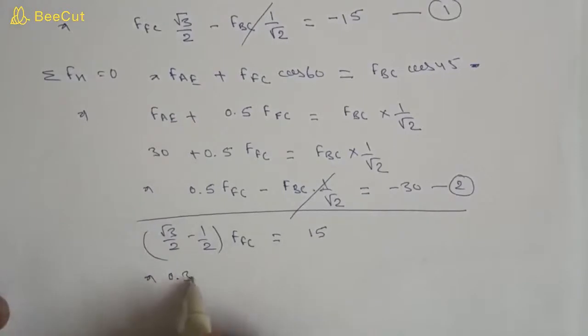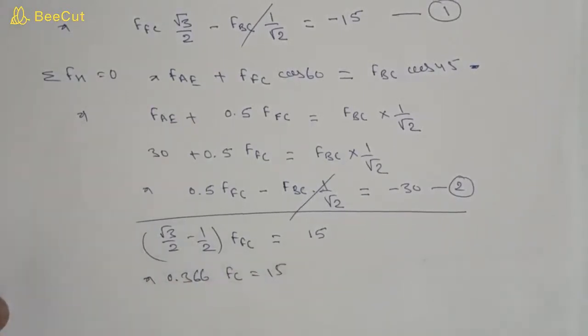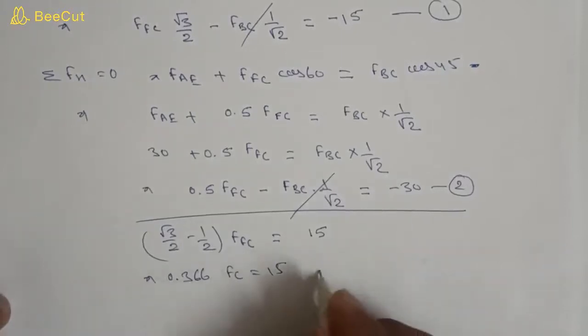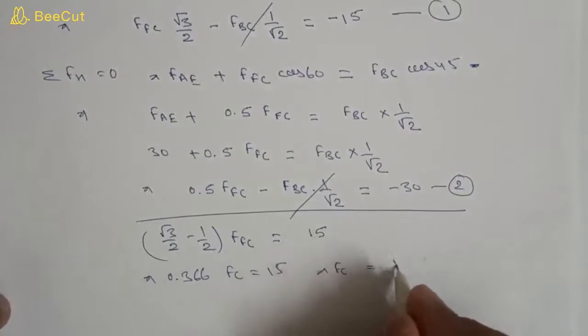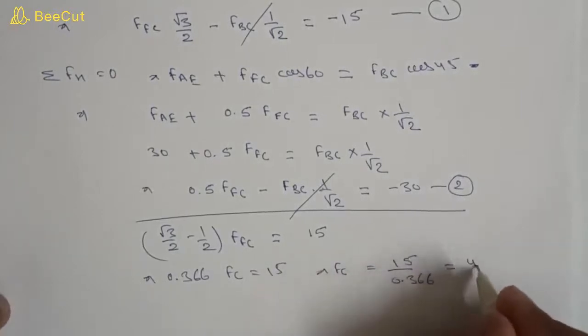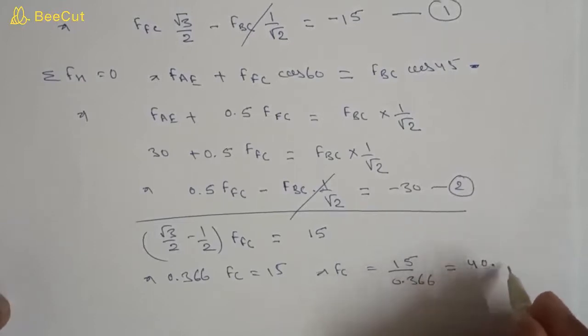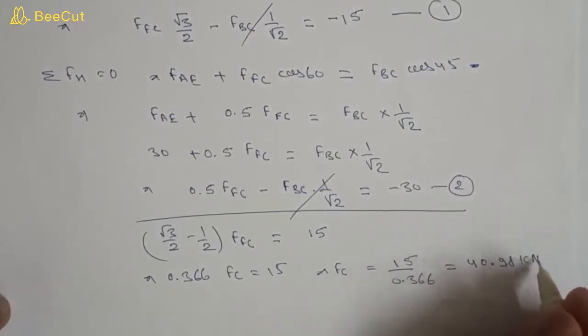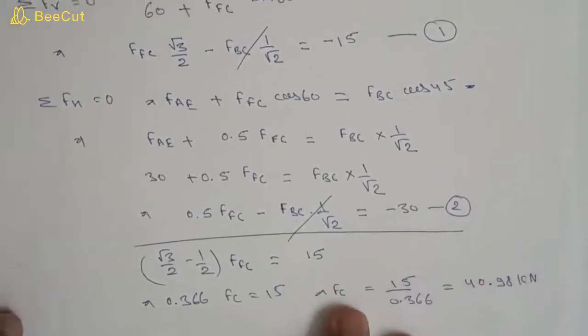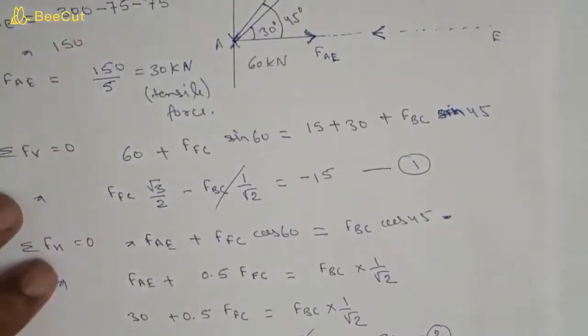So 0.366 FFC is equal to 15. So FFC is equal to 15 divided by 0.366, which is 40.98 kilonewton, and it is coming positive, so our assumed direction is correct.